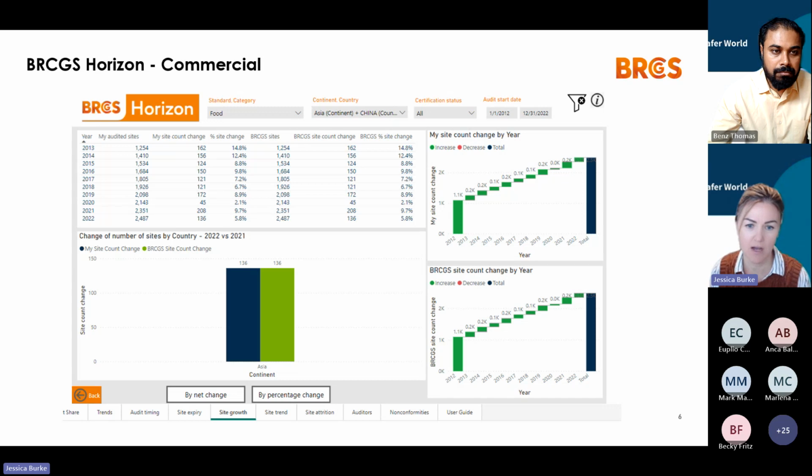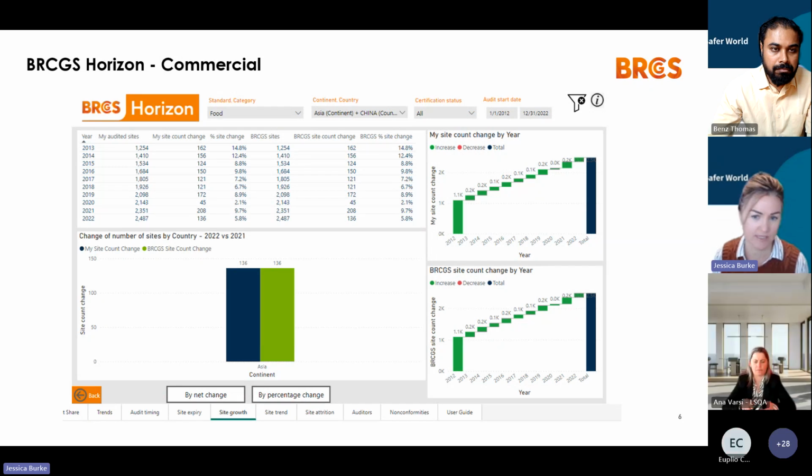And again, you can drill down by standard, by country, by continent, and by time frame. For example, here we've chosen the food standard, and we're interested specifically in China. And the information is shown in different ways right on the dashboard itself, but you can also export the data and manipulate it however you want.